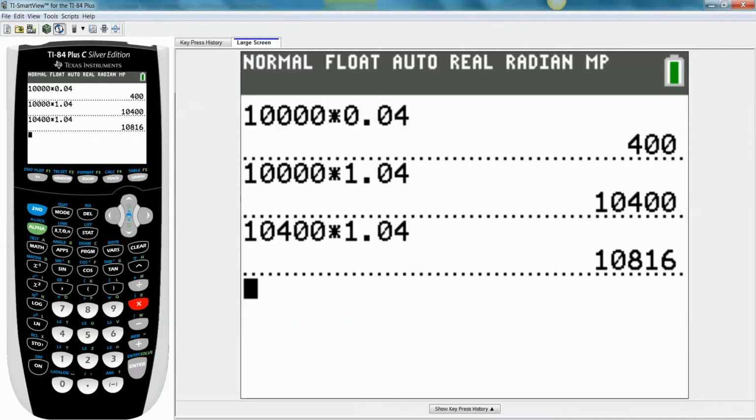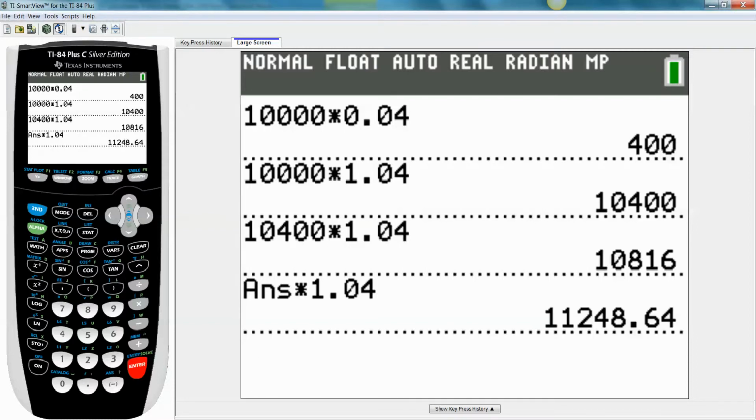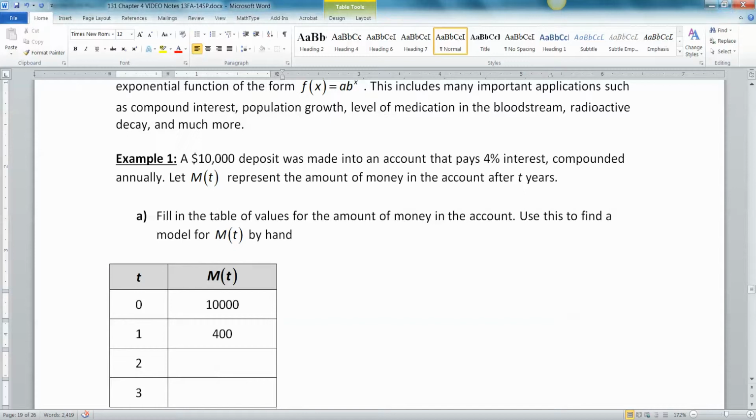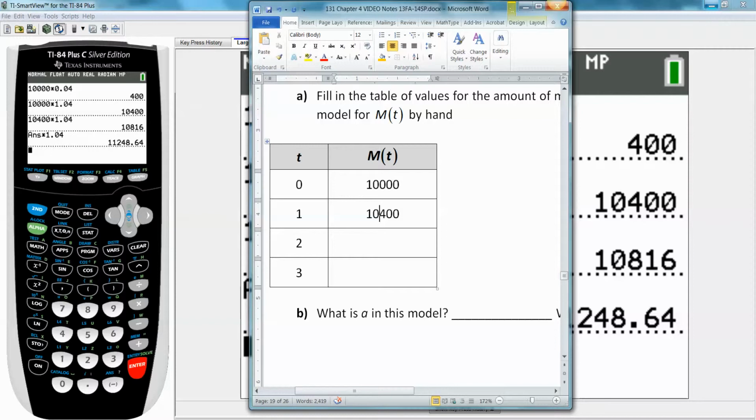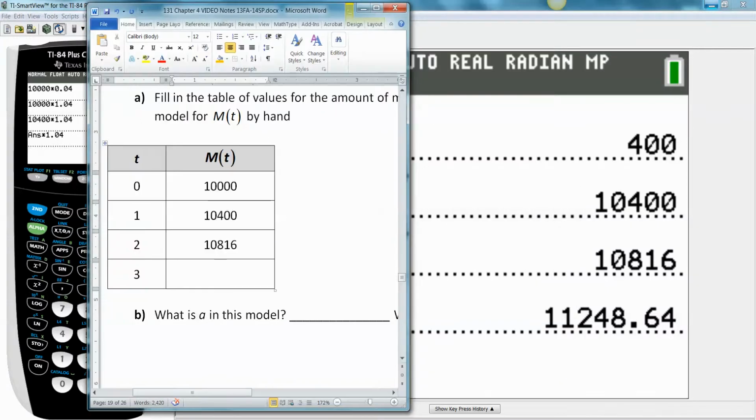And then we might as well do it one more time for the last year, times 1.04. So the 1 will get me the 10,816 back, and the 0.04 will get me the 4% interest on all of that. Okay, so there are my numbers right there. So it was 10,400, and then 10,816, and then 11,248.64.